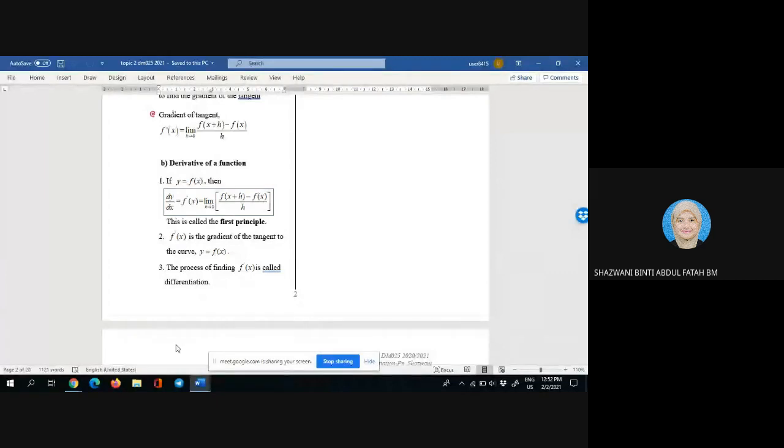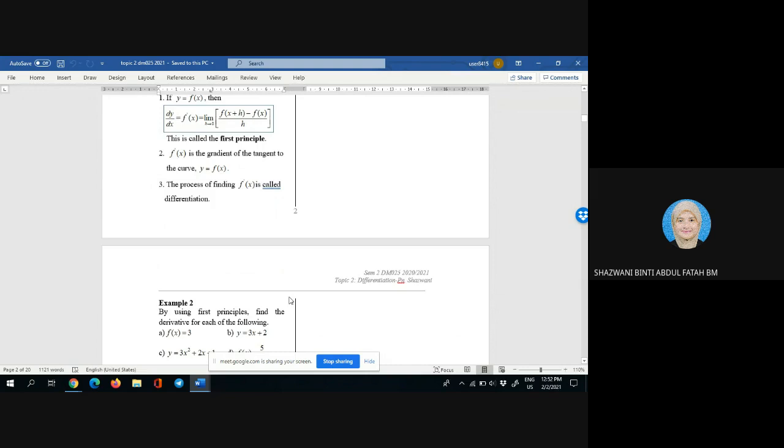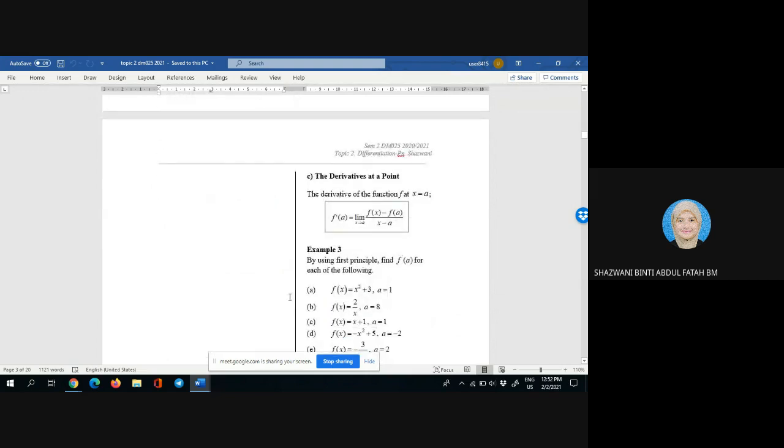As usual, I have to close the camera to save data and make sure the line is okay. I want to ask, can you all see the notes now? Can you see the class? Okay, thank you.